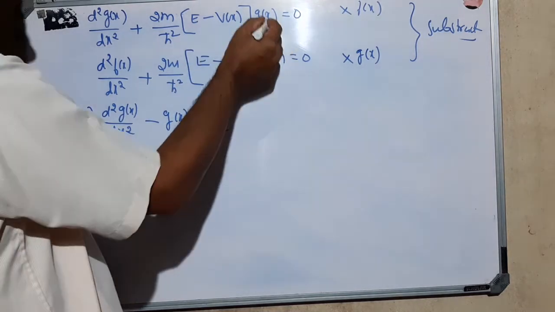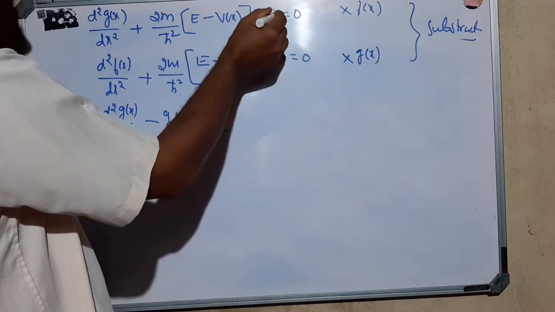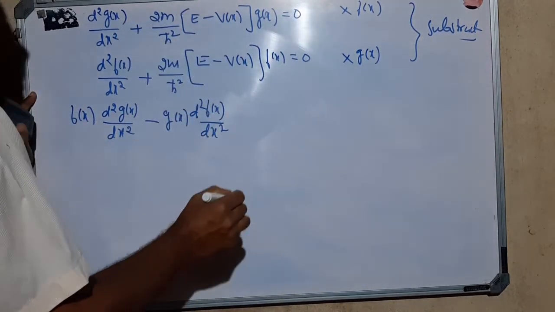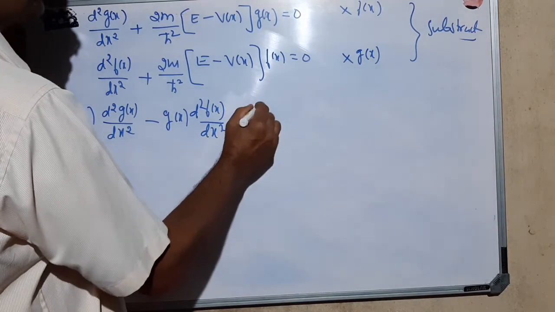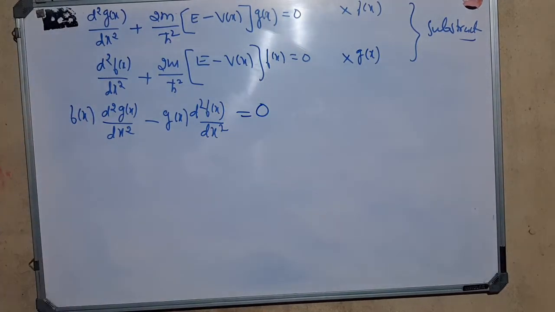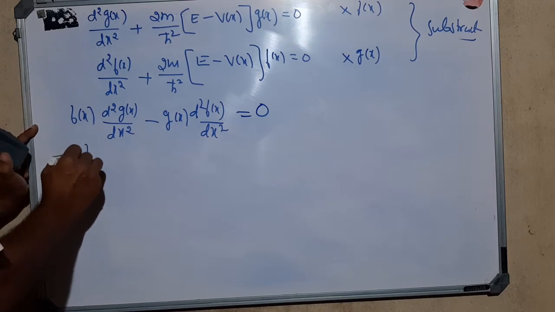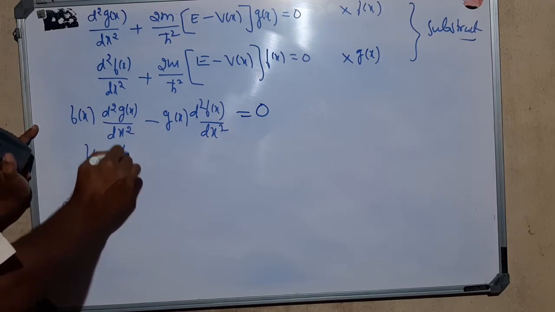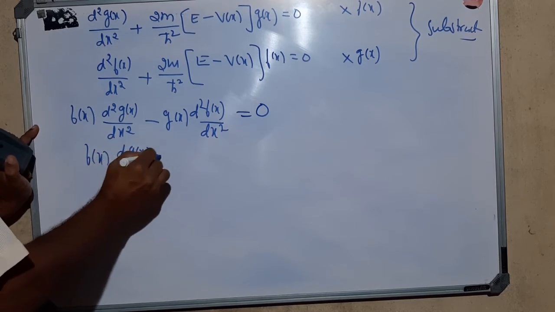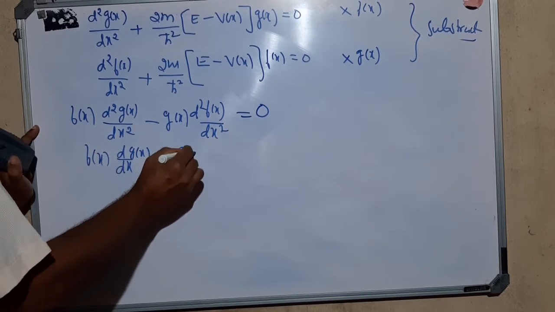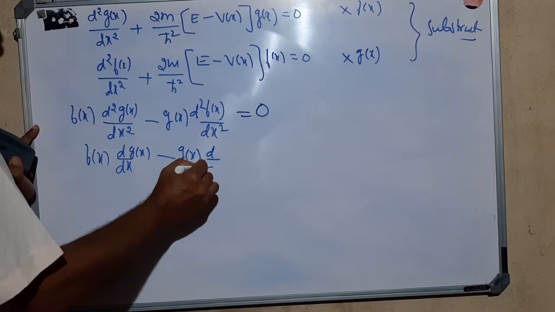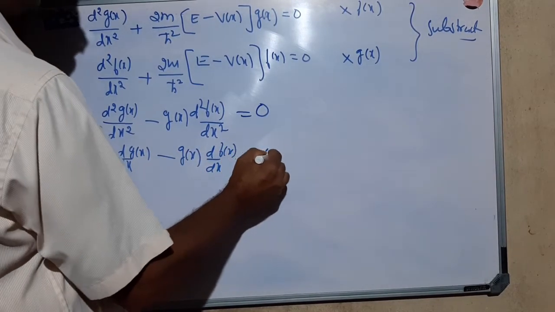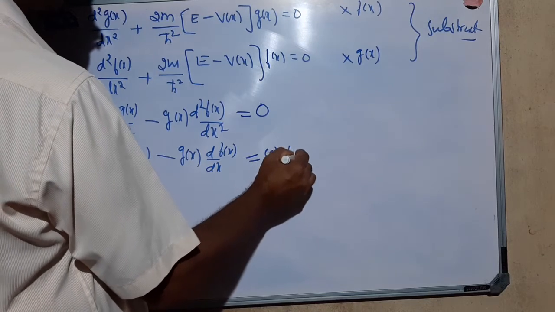But when you multiply, it becomes g of x f of x, it becomes f of x, this gets cancelled and it becomes 0. When you integrate this, you will get f of x d by dx of g of x minus g of x d by dx of f of x, this is equal to constant.